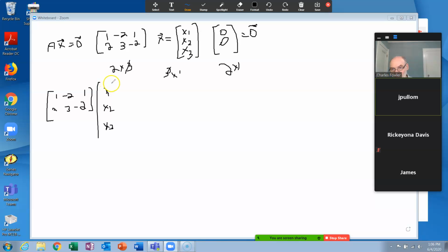Okay, and that's supposed to be equal to the 0, 0 vector, column vector or column matrix 0, 0. All right.